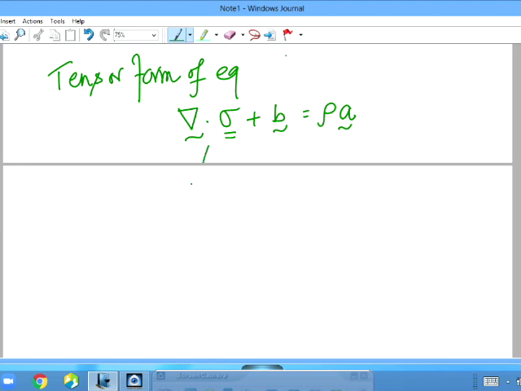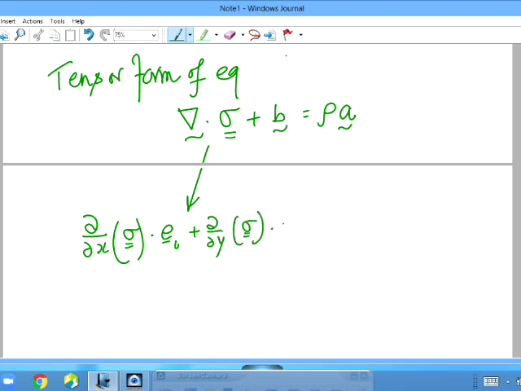So the first one, for example, this becomes del by del x of sigma dot e1 plus del by del y of sigma dot e2, plus del by del z of sigma dot e3.